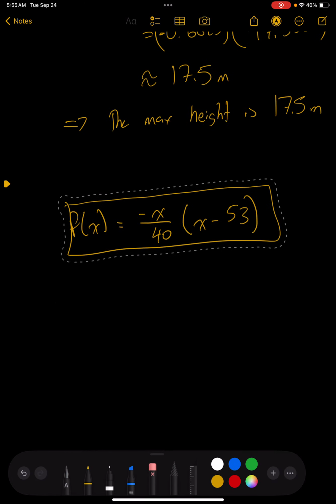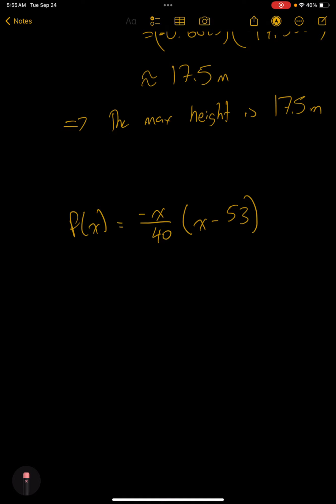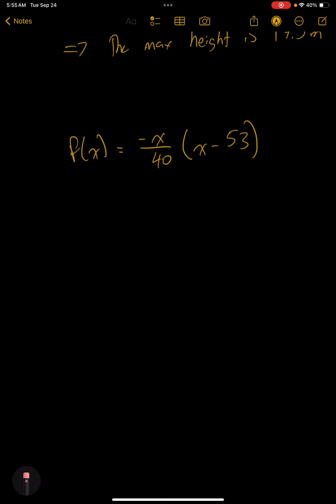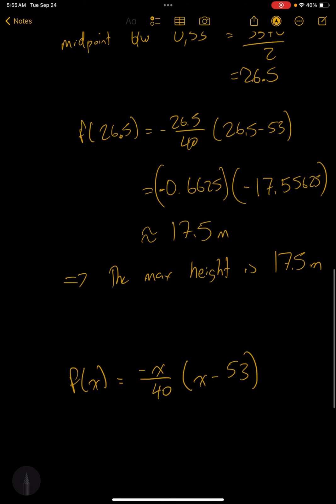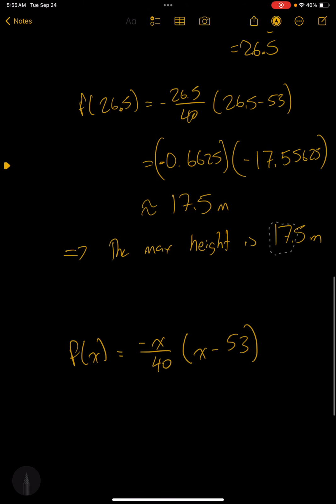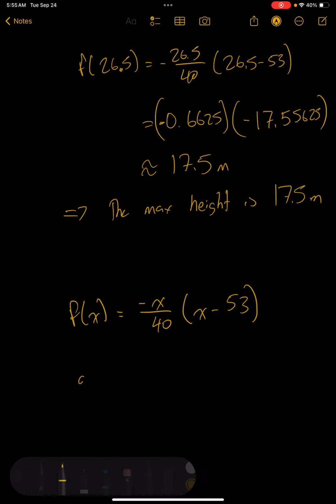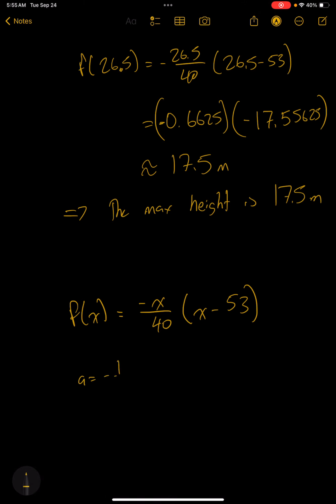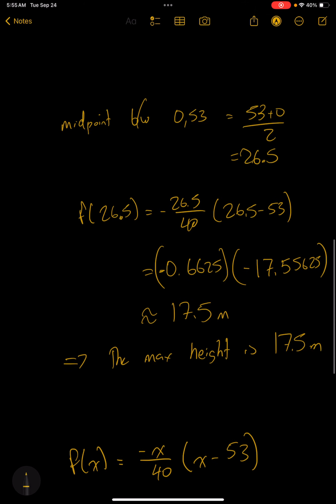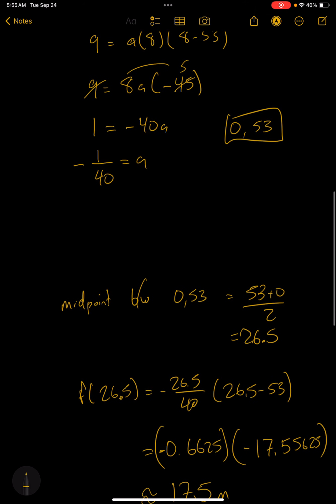Actually, you don't even have to complete the square. Another way, because we have the maximum height, we have a equals negative 1 over 40. We found that, right? Over here.